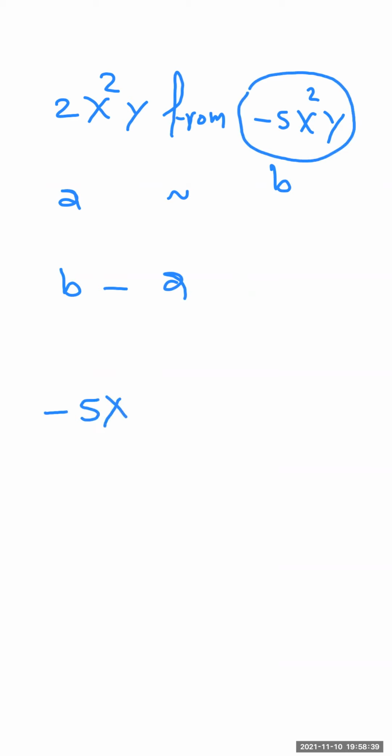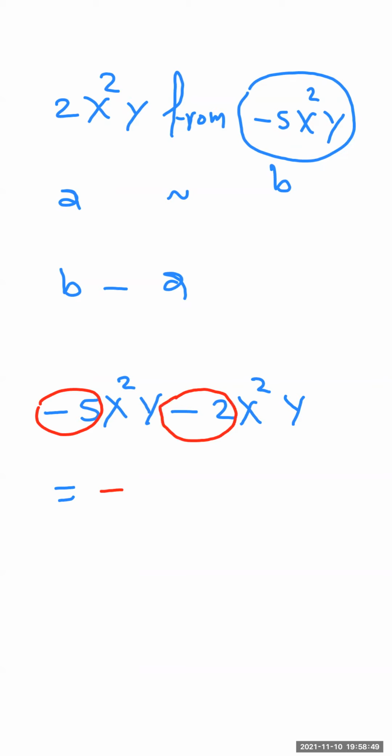Exactly. Negative 5x squared y minus 2x squared y. So here, negative 5 minus 2, so negative 7x squared y. That's it. Clear? Clear. Okay, great. Another example.